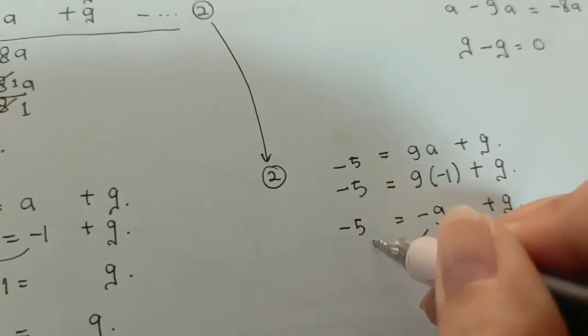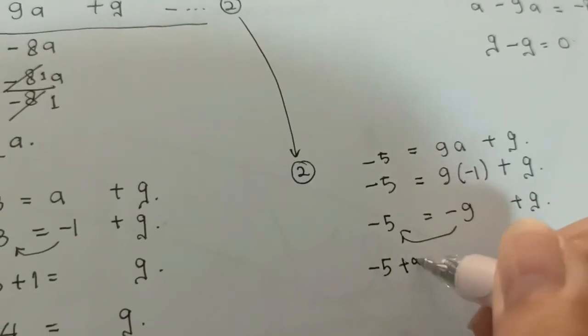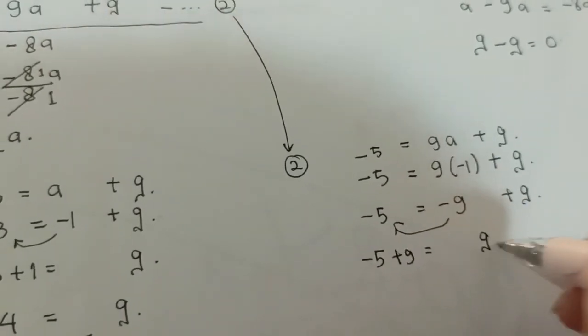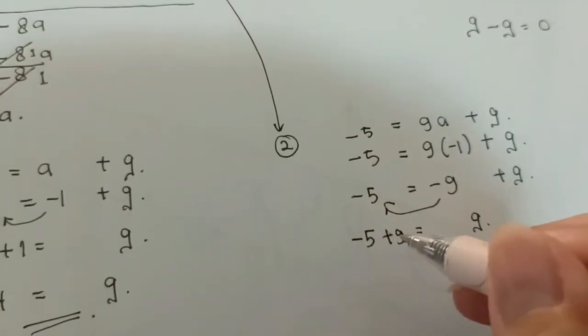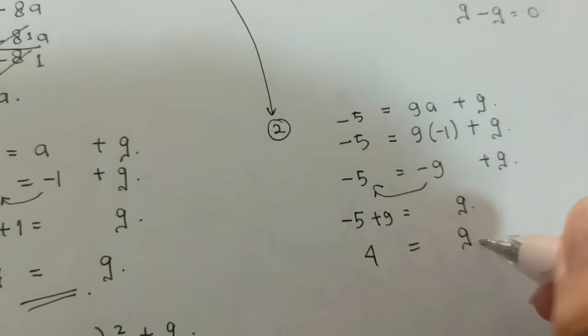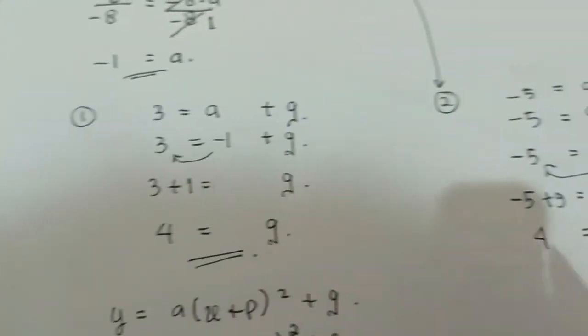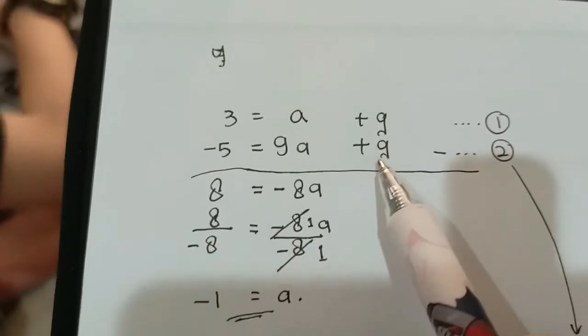So we move 9 over here, the minus becomes plus, −5 + 9 = q. 4 = q. So the same, right? 4 = q. You can use either this or this. The result will be the same.